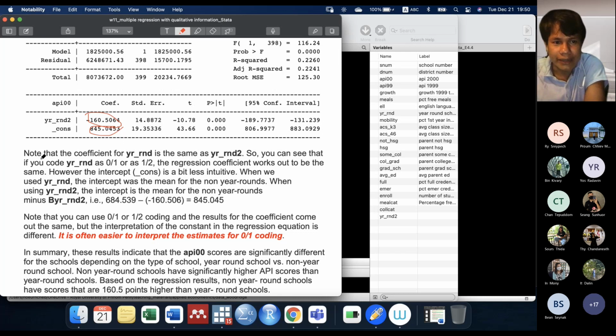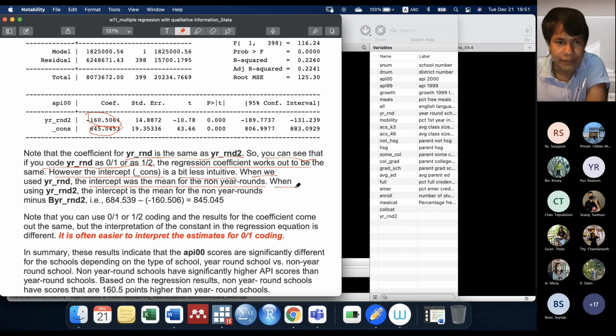So here, note the coefficient of year round is the same as year round 2. If you code year round as 0 1 or 1 2, the regression coefficient works out to be the same. However, the intercept constant is a bit less intuitive. When we use 0 1, the intercept is just the mean of non-year round school.